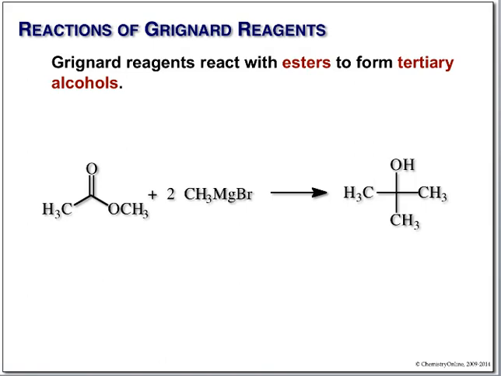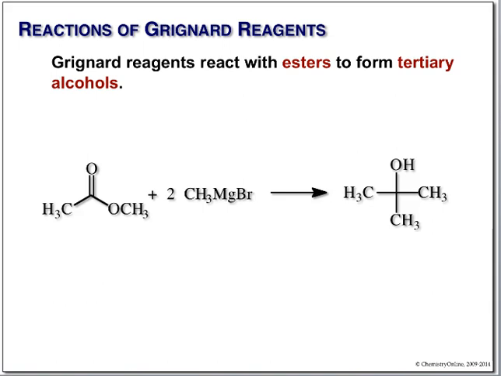What I wind up with is a tertiary alcohol. In this case, tert-butyl alcohol. So we've converted our ester into a tertiary alcohol by reaction with 2 moles of Grignard.